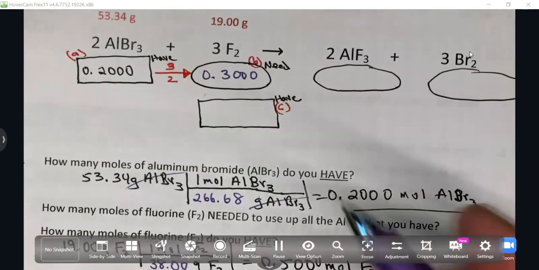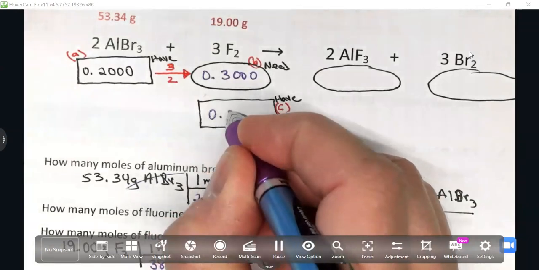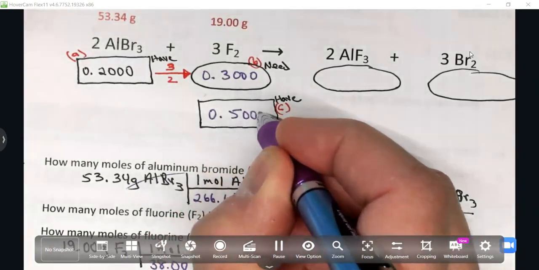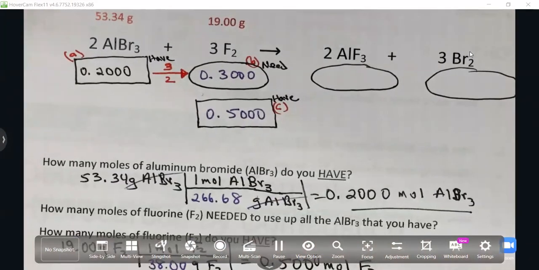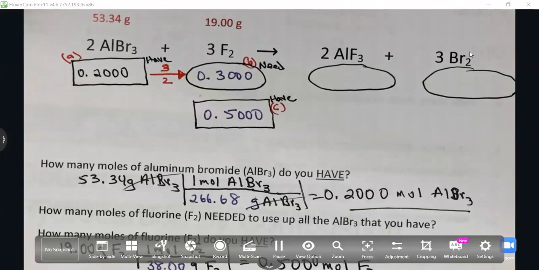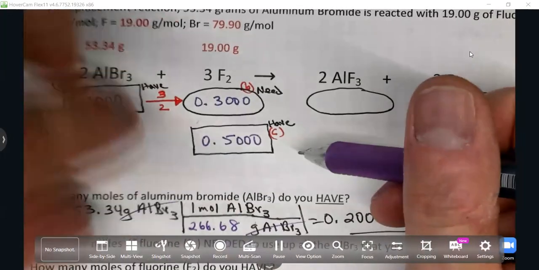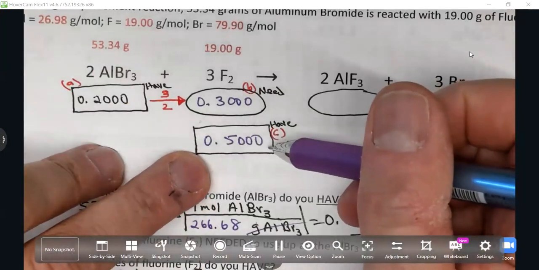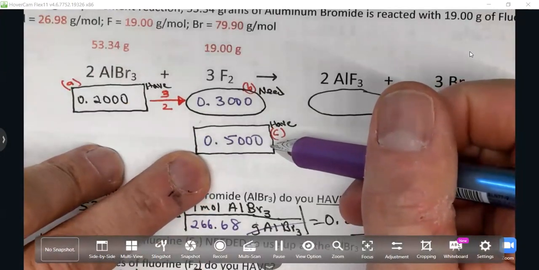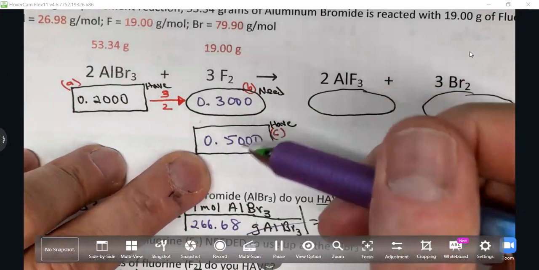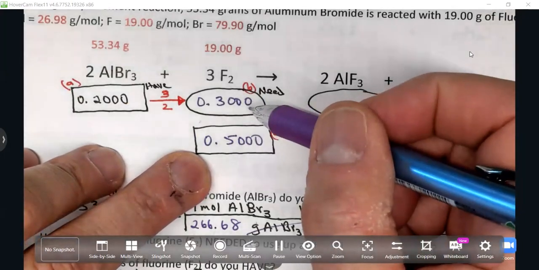We'll go up here. This is 0.5000. Now, do you have enough fluorine? Yes, right? We have 0.5, we only need 0.3.